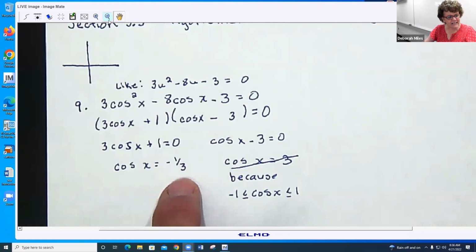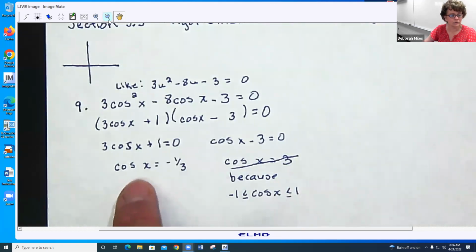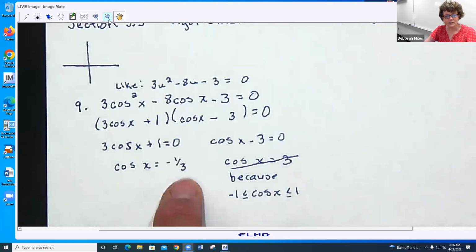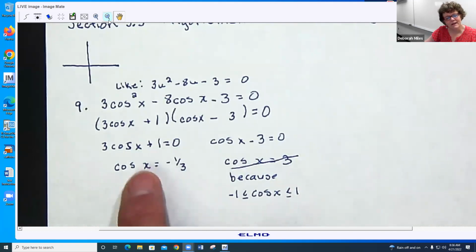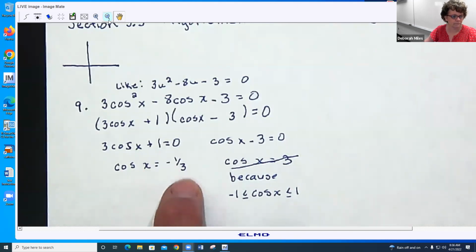Do you think there is an angle where cosine is -1/3? Yeah, it's between -1 and 1, so there is an angle whose cosine is -1/3. We just don't know what it is. How can we find the angle whose cosine is -1/3, or a decimal approximation of it?